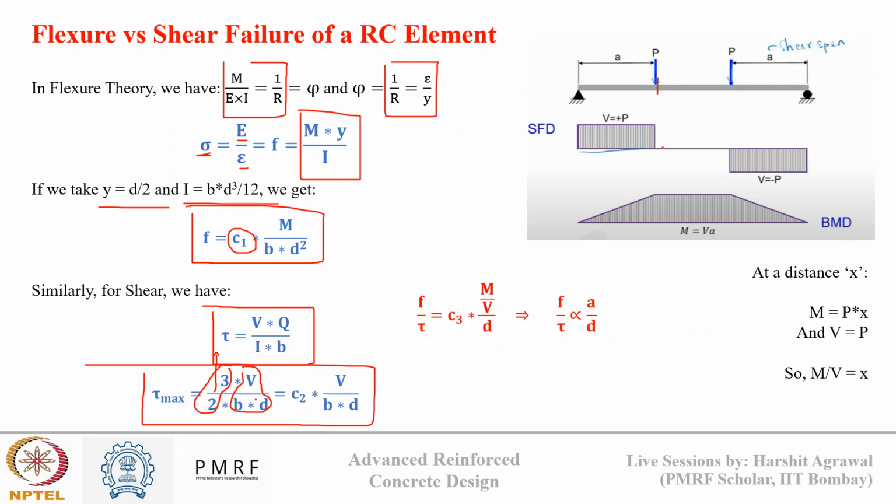So we can write tau is a function of c2 times V upon bd. If we take this ratio of flexure upon shear stress, we get a new constant c3, which is c1 by c2, into M by V upon d.